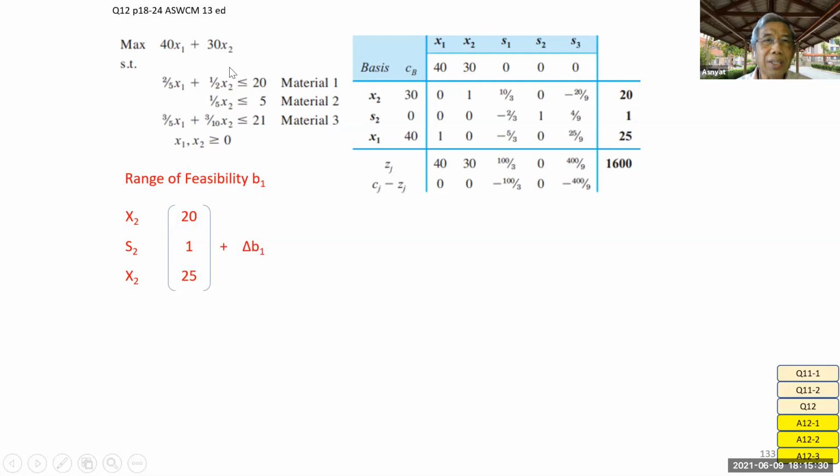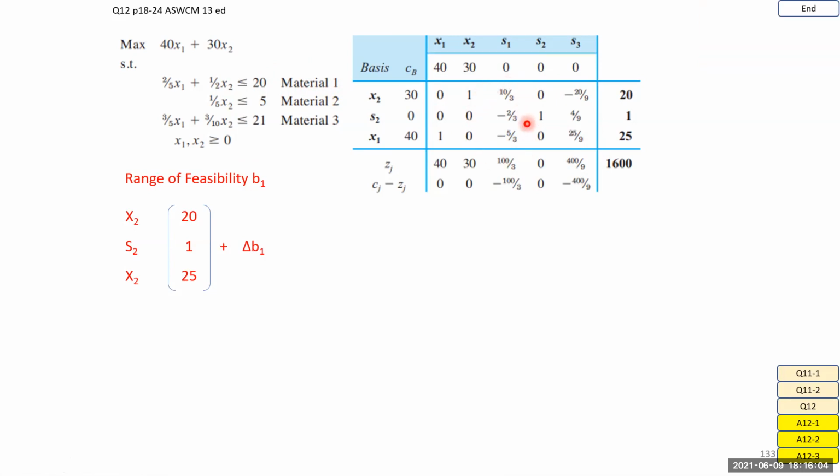Then multiply, since B1 is material 1, with the coefficient of the slack or surplus variable corresponding to material 1. Which one? This one, the second one, the third one. This is the coefficient of the corresponding slack or surplus variable. Which one to use? S1.